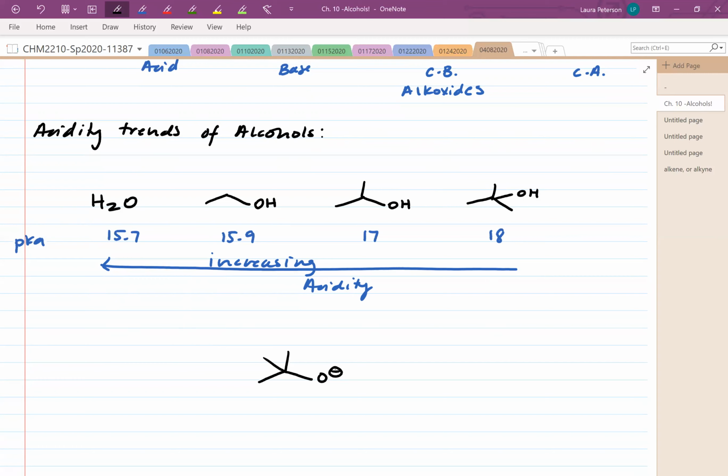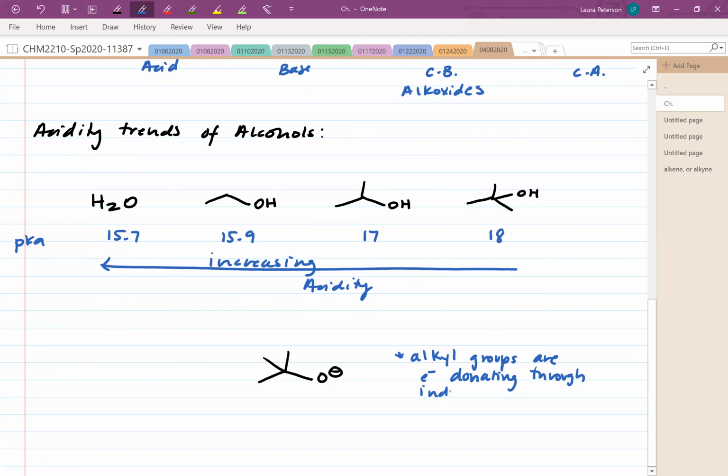So what is the role of those extra methyl groups in t-butanol and in the conjugate base we have drawn? Well, it turns out that alkyl groups are donating. Alkyl groups are electron donating through induction.